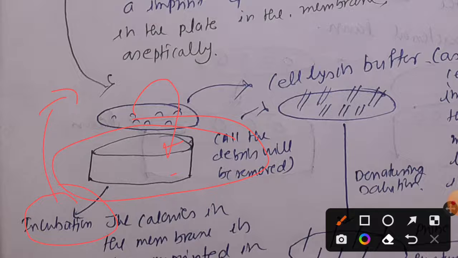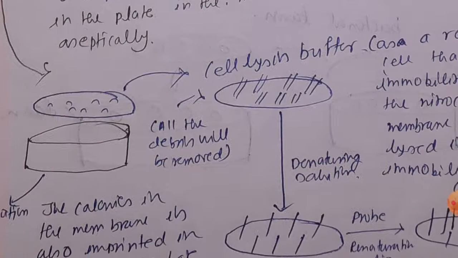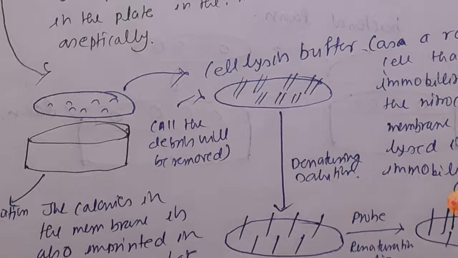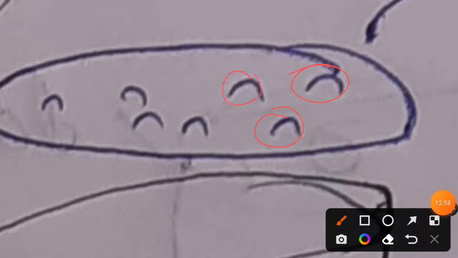Okay, now after that we will take the nitrocellulose membrane. Okay, it still contains all the imprinted colonies. Okay, then we will treat them with cell lysis buffer. Okay, now what will happen? So let's try to understand. Here all the colonies are immobilized on the nitrocellulose membrane.